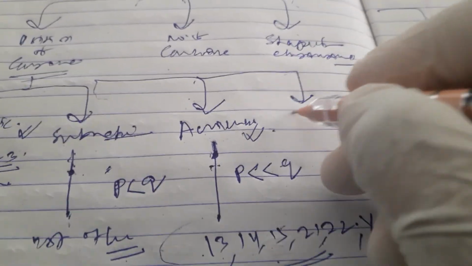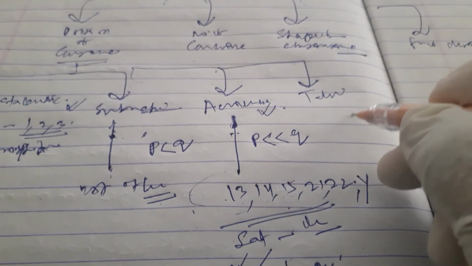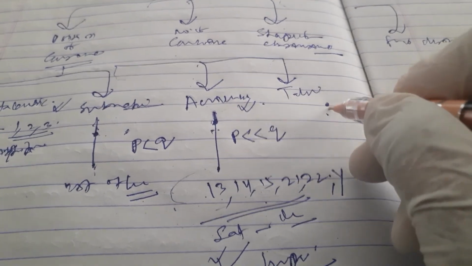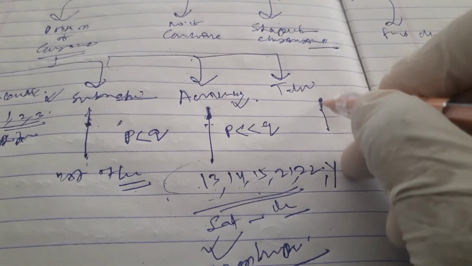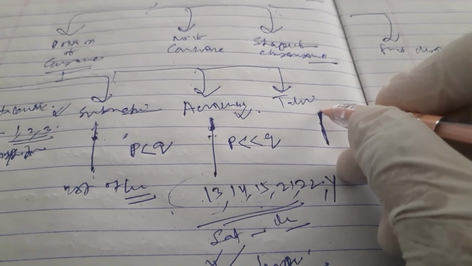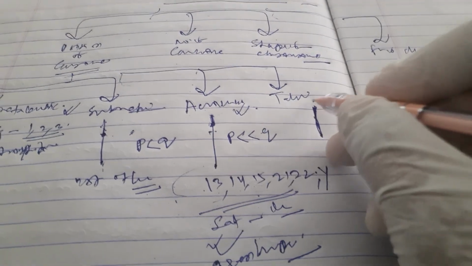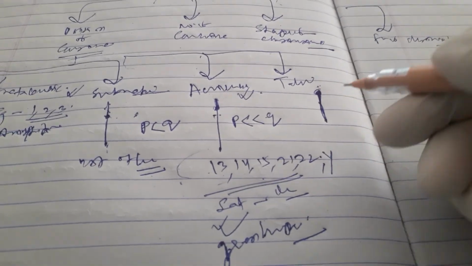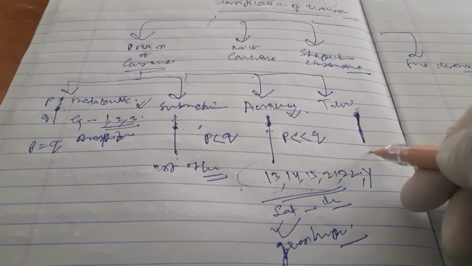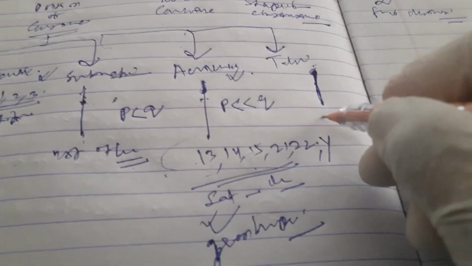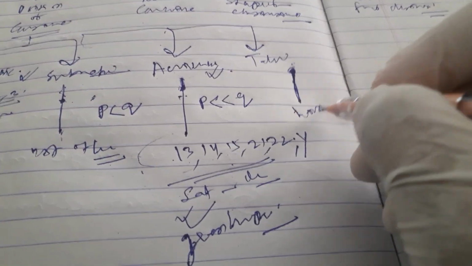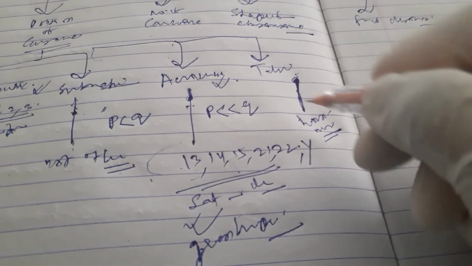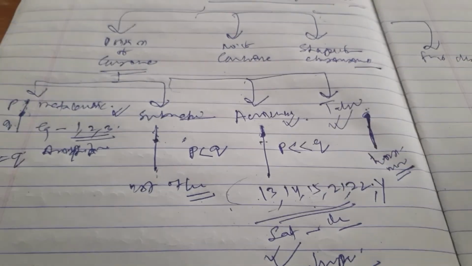Now coming to the telocentric, in which the centromere lies at one end. There is no P arm, or you can say very, very less, that it is not visible, and it is not found in the human chromosome. And in the house mouse, all the chromosomes are telocentric.